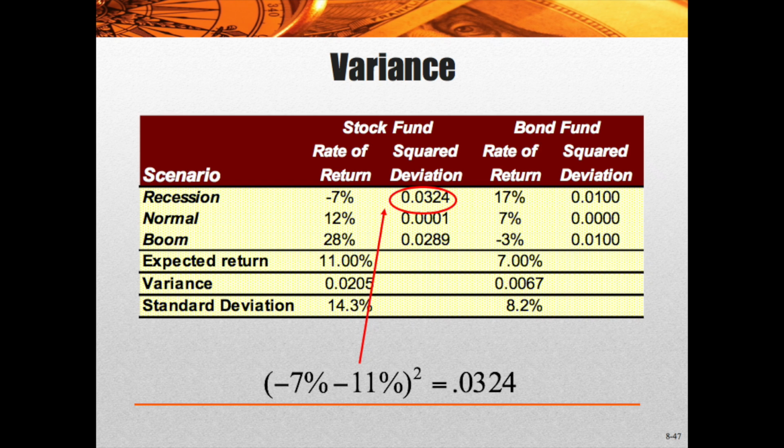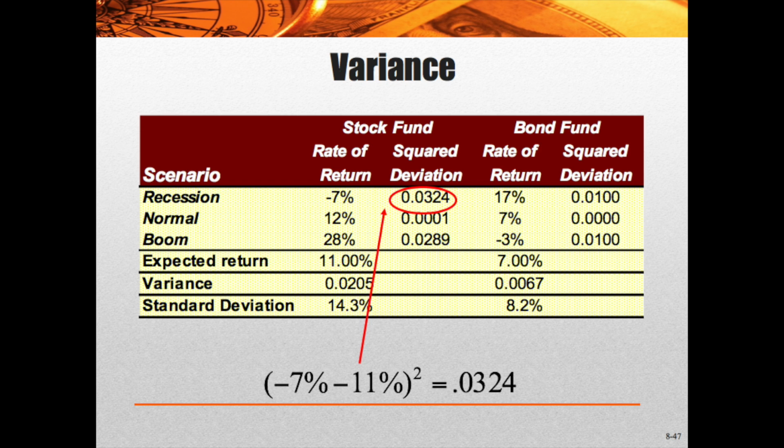So -7 minus the expected return of 11, in parentheses, squared. So -7 minus 11 is -18, squared equals 0.324. So that is the squared deviation from the mean.